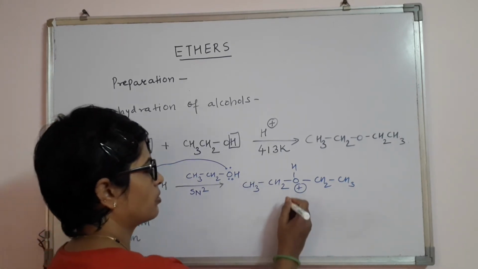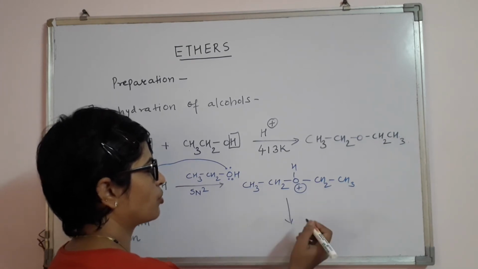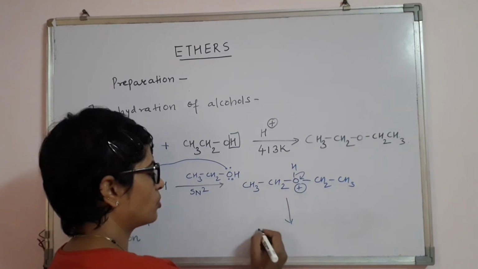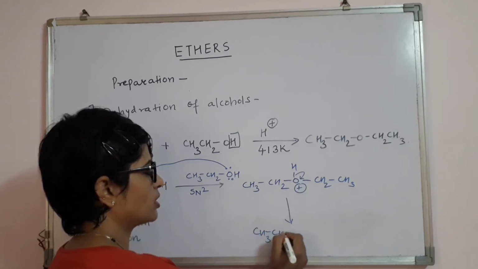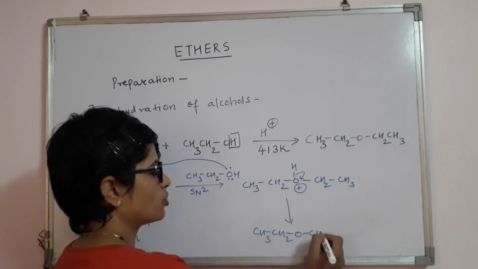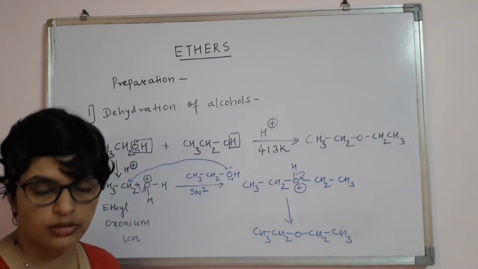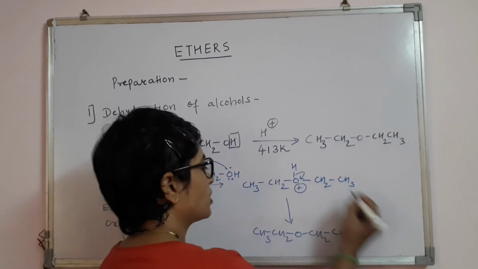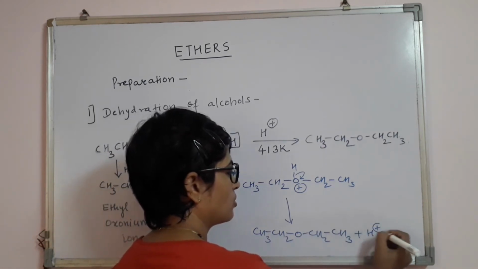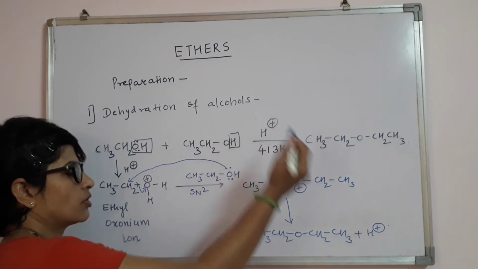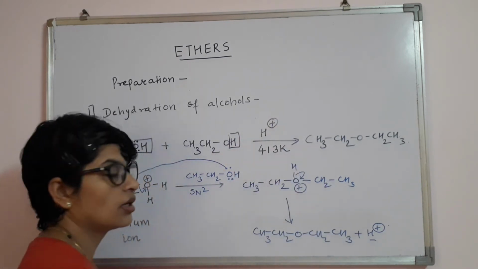The next step is going to be deprotonation. So this H will be lost, and we will get CH3CH2OCH2CH3. That is your major product, diethyl ether, and you will get H+ coming out as a proton, which was a catalyst actually. So the H+ which is used in the first step is removed in the last step.